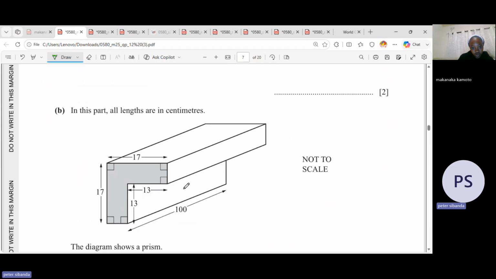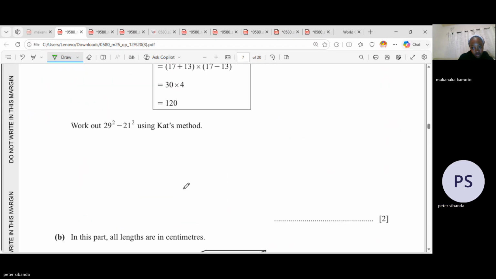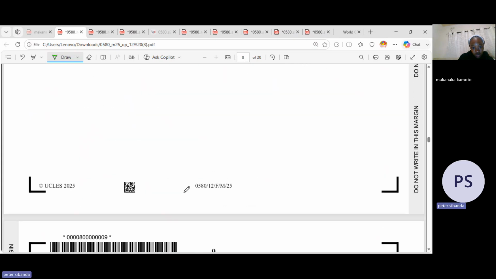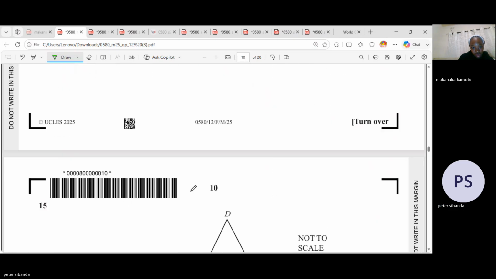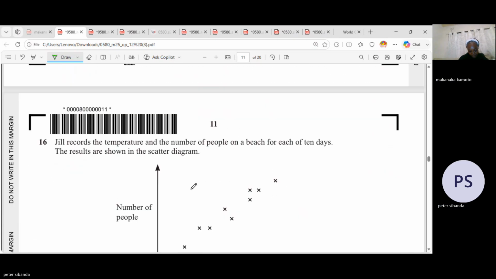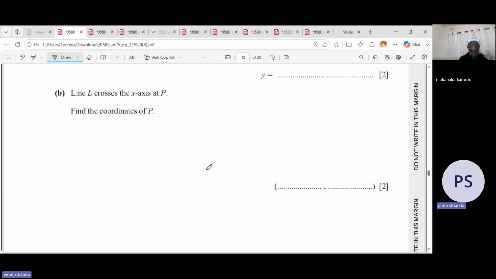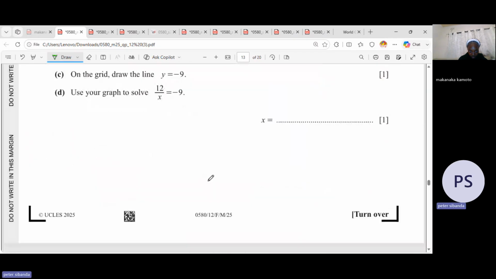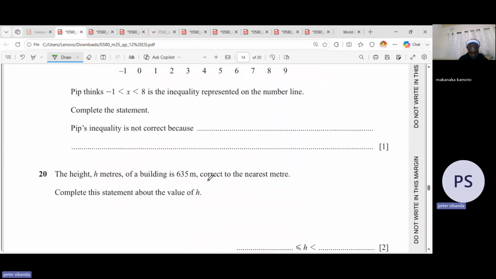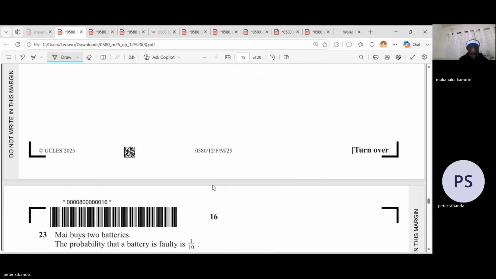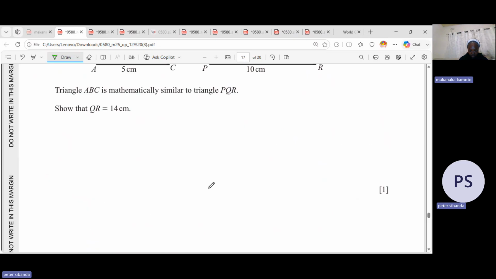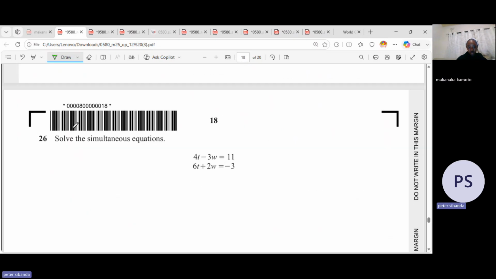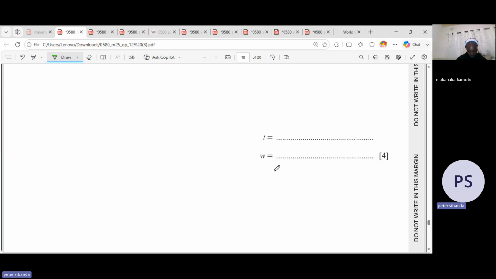Let me show you. Didn't we circle the questions we want to work on today? That should be easy to identify. Did we circle anything here? Oh, of course, we didn't circle this, but it has to be circled. We'll come back for it.